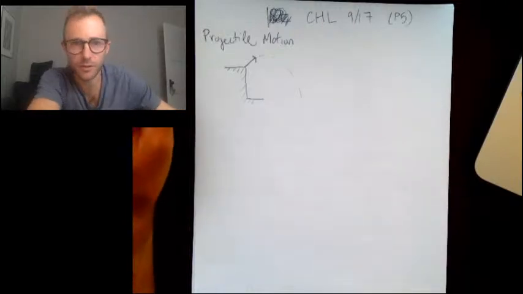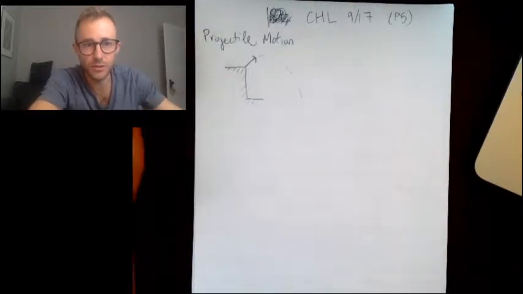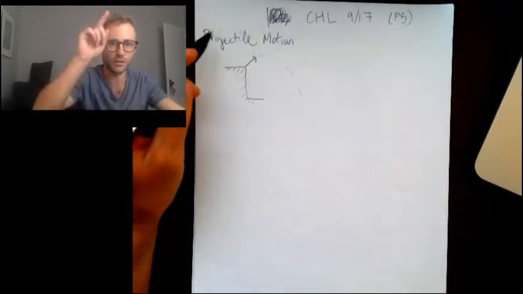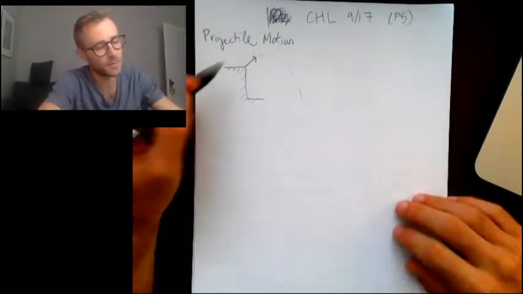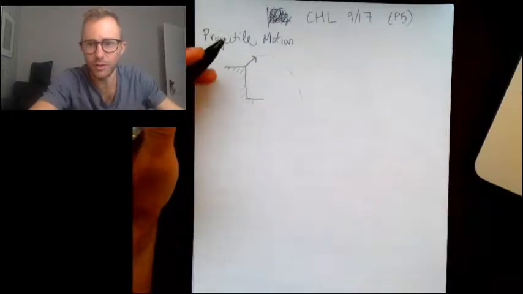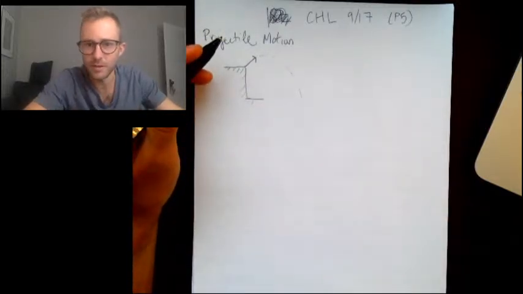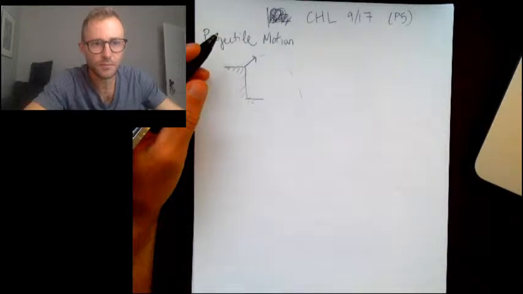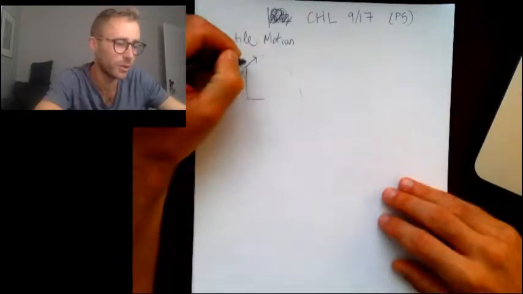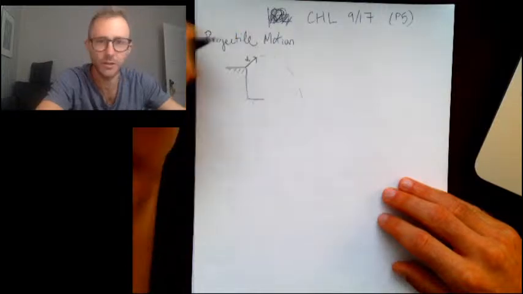It's inherently two-dimensional motion because you have something moving horizontally and vertically. One of the things you need to solve a projectile motion problem is the initial velocity vector.